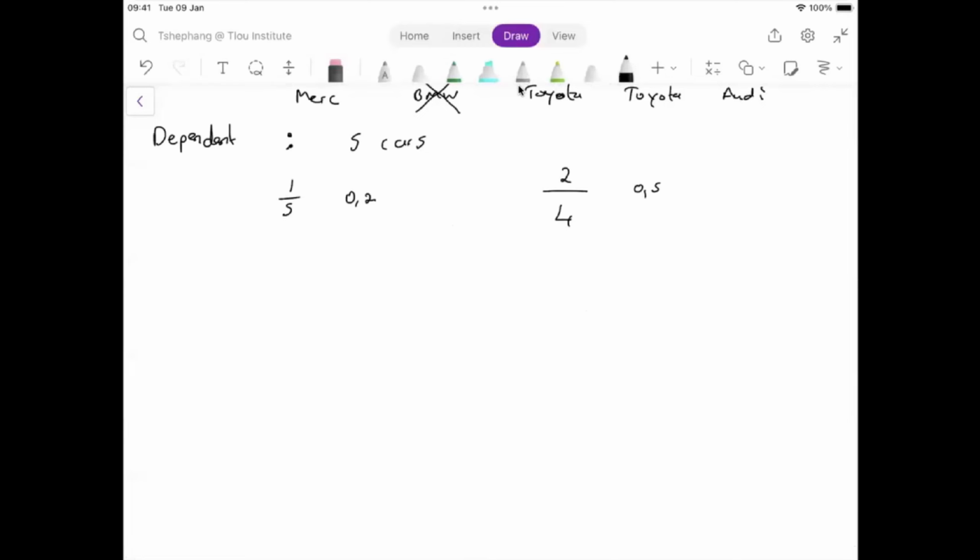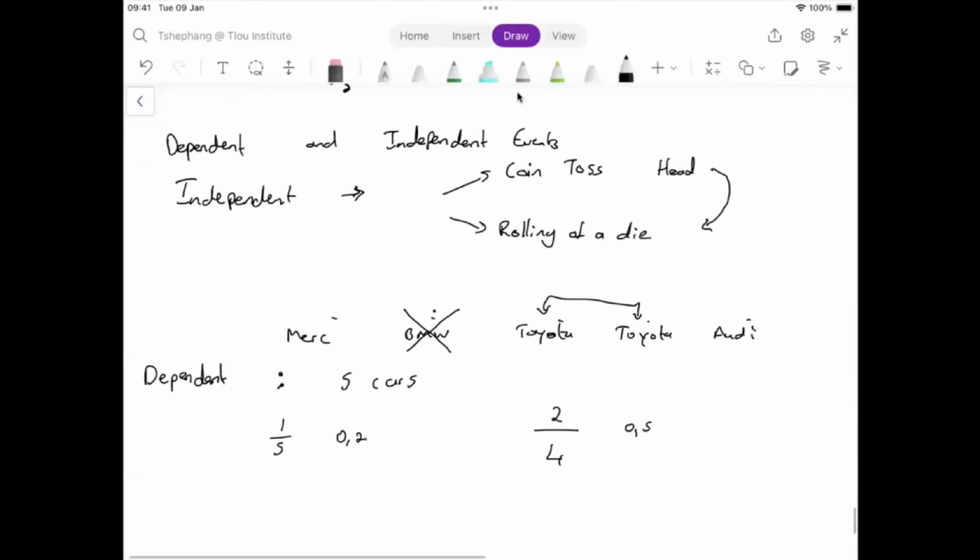Okay, let's address the Q&A. So what did I say about the independent? I said the independent events do not affect each other. I gave an example of a coin toss and rolling a die. So we toss the coin first. We get either a heads or a tails.